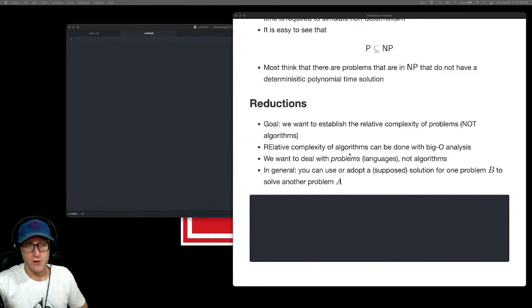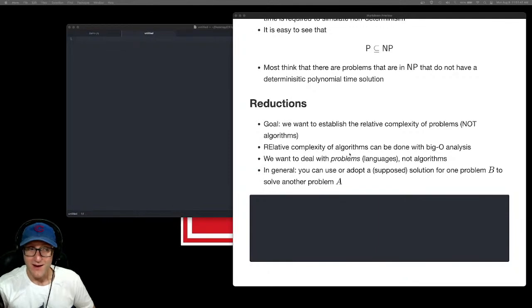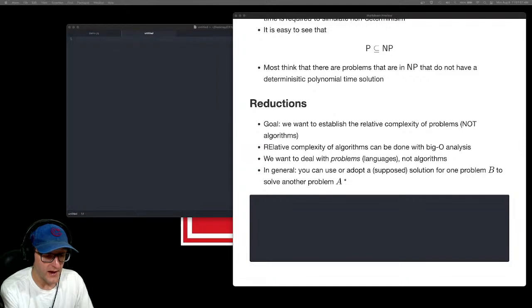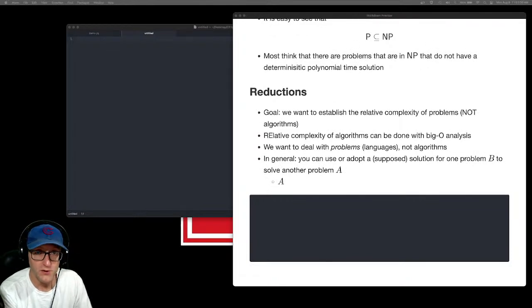This is something I try to drive into heads in the first few weeks of Computer Science 1. What's the first question you should ask yourself when you are faced with a problem? Is this problem already solved? Or can I use an off-the-shelf solution and adapt that to solve this problem? Don't try to reinvent the wheel. So when I'm looking at a problem A and I want to solve it, that seems like a lot of work. Maybe if I could use this off-the-shelf solution to B, then I can solve A, right? And if I can do that, then I can come up with a relative complexity of those two problems.